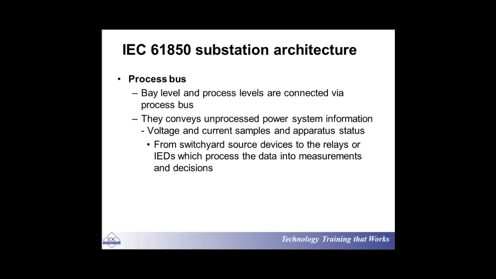So these buses are data buses. Very, very important. They convey unprocessed power system information. They just convey, they just exchange the information. It can be voltage or current samples. It can be circuit breaker status, for example whether it's open or closed, or a disconnect switch or anything.